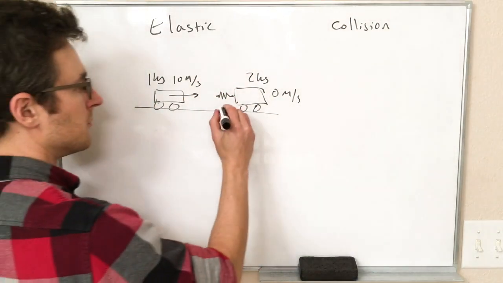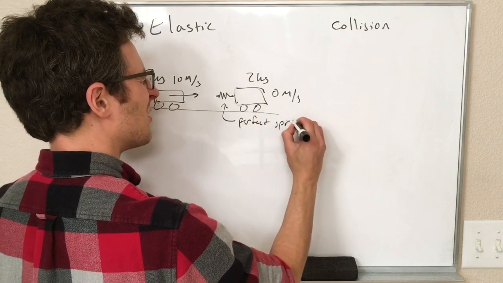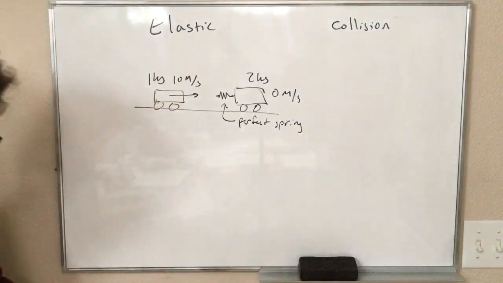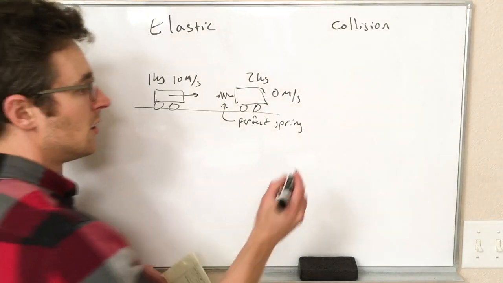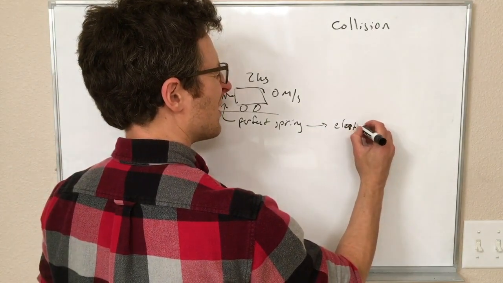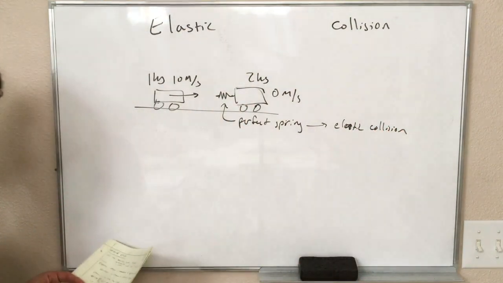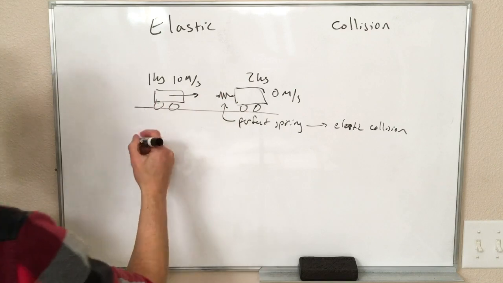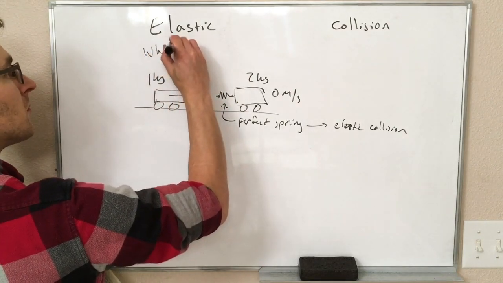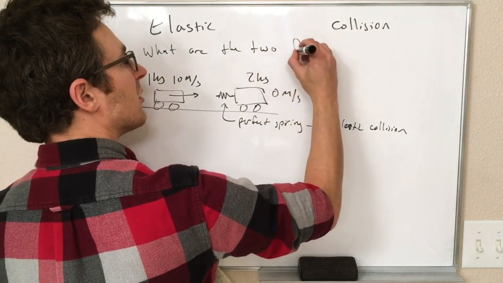So this is a perfect spring, meaning that it is not going to lose any energy, which means this is, of course, an elastic collision. Okay, so we know these two initial velocities. We want to know what are the two final velocities.